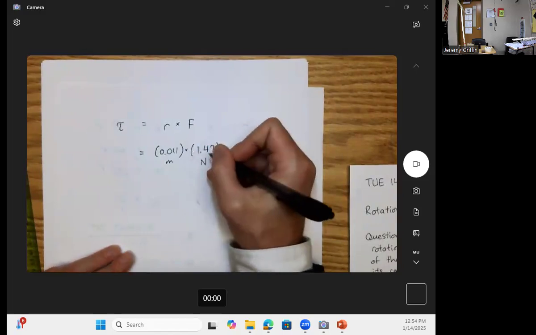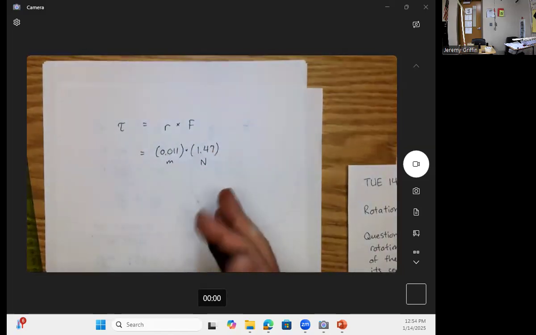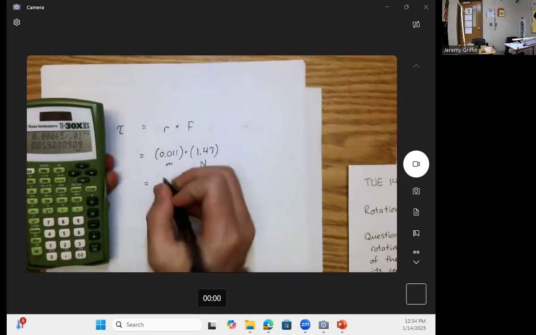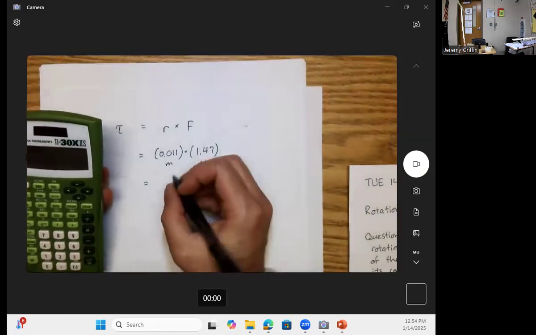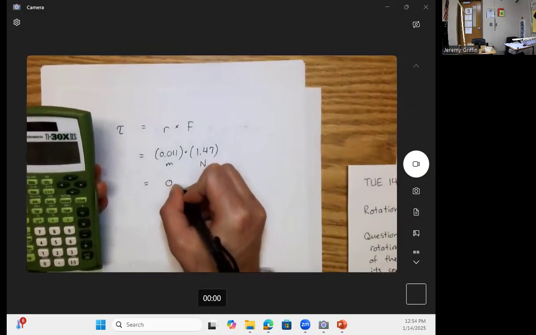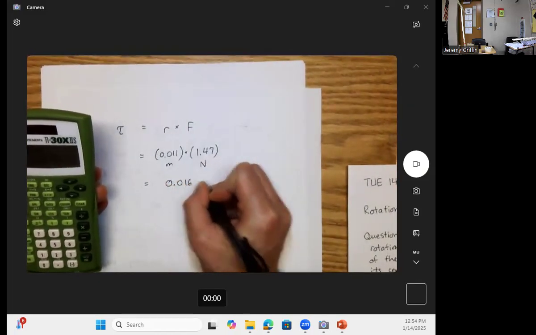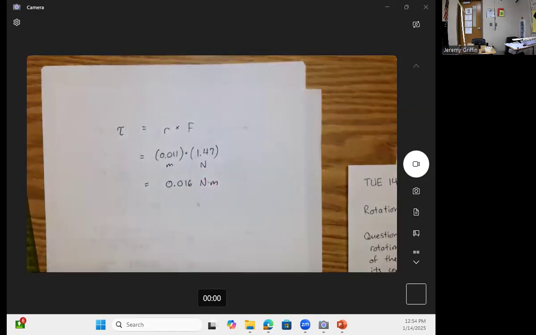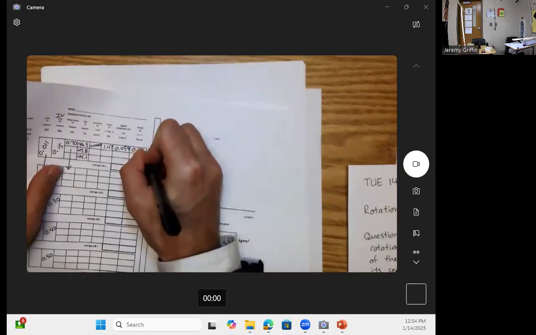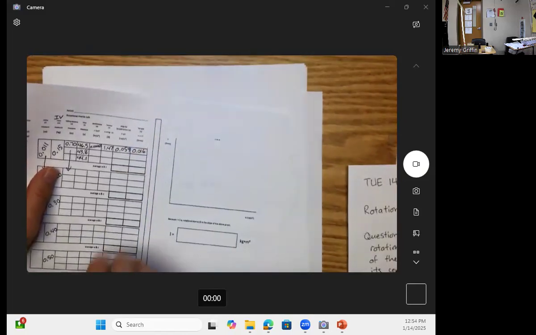And if you've forgotten, just throwing in the full weight probably wouldn't make much of a difference anyway. 0.011 times 1.47 is 0.016 newton meters of torque. It goes right here, 0.016 newton meters.